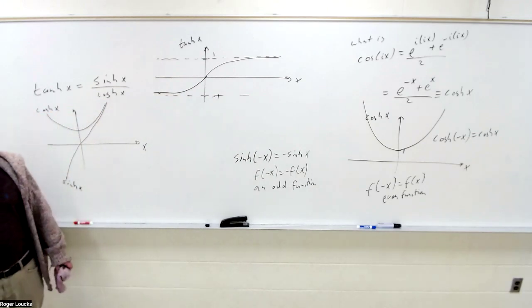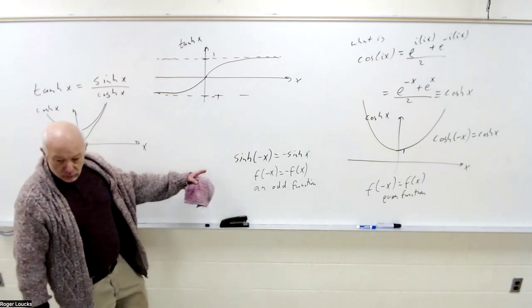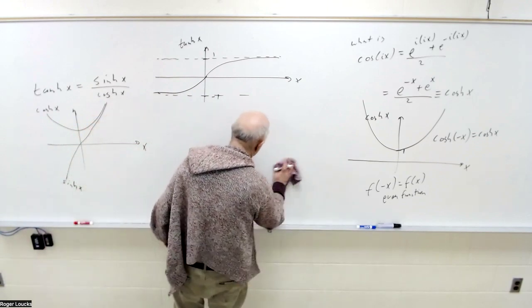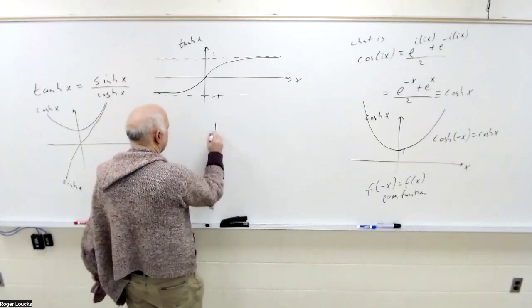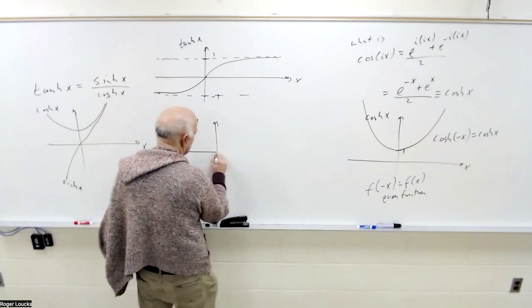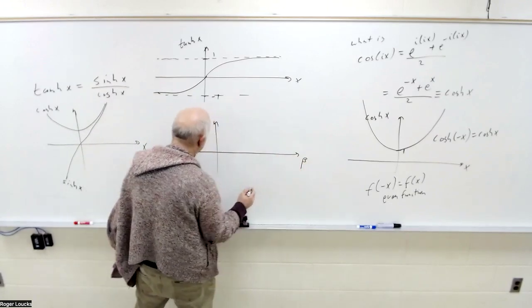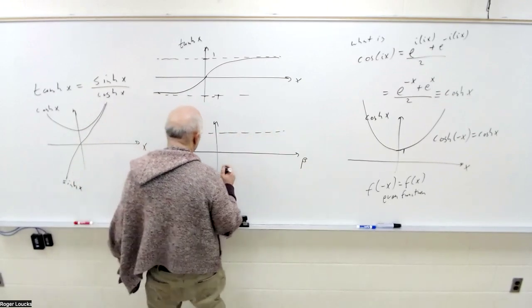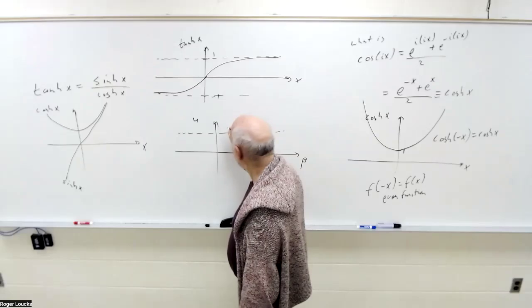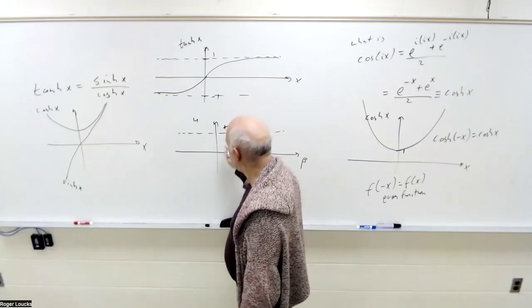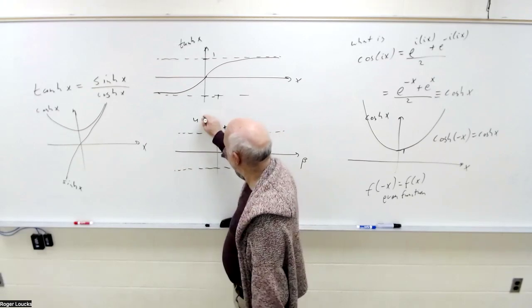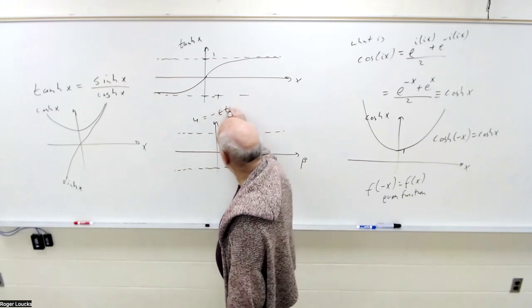Okay, so now let's plot. If we plot our u versus beta, this is going to be plus epsilon and this is minus epsilon. Remember that this is going into minus epsilon.